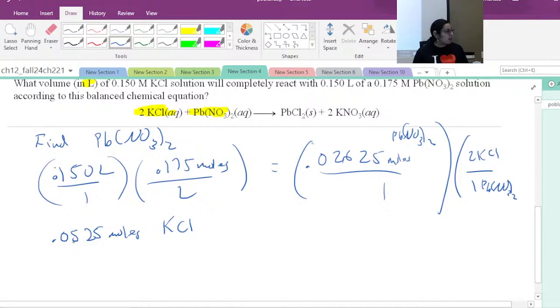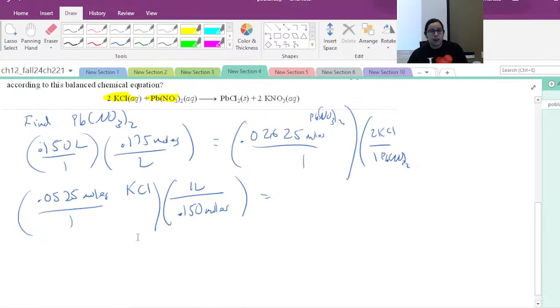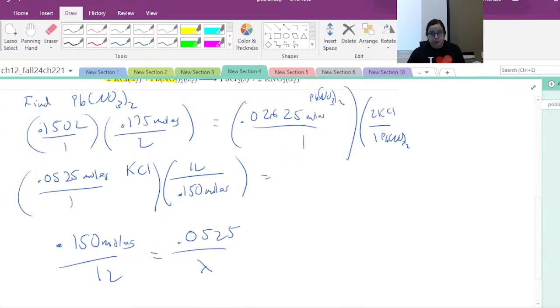I feel like you said it backwards, because we want to divide the moles by 0.15, so that's moles over 1 liter. Or the proportion may make more sense for some people in this case: we have 0.150 moles for every 1 liter, and if we want 0.0525, cross multiply.